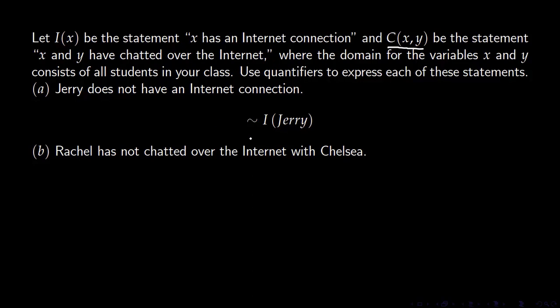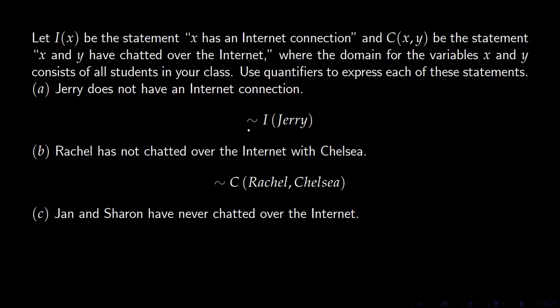If we put negation, then we will get Rachel and Chelsea have not chatted over the internet. So this is the statement using negation. Then, Jen and Sharon have never chatted over the internet. This is the same as the negation of C(Jen, Sharon).